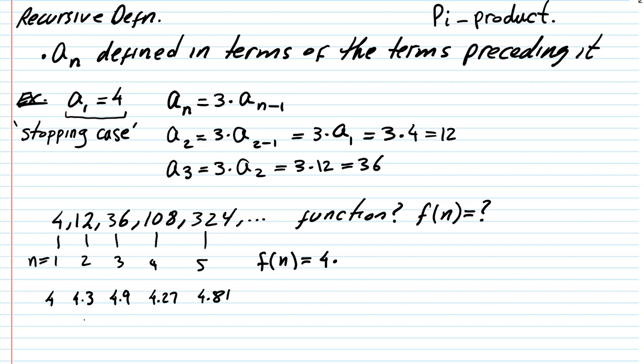Now think about the 3s here. 3 to the first is 3. 9 would be 3 squared. 27 is 3 cubed. 81 is 3 to the fourth. And the first term, 4, I can think of as 4 times 1, which would be 3 to the 0, right? So in each term, I have some power of 3. I need to get 0 when n is 1, so I'm going to go n minus 1.